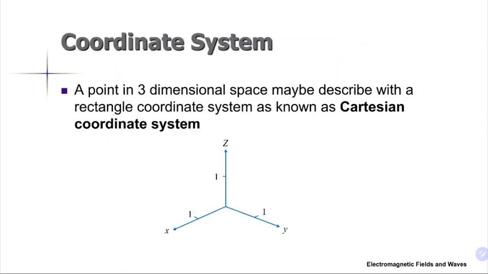So that is a very brief run through of what a vector is. Coordinate systems. I'm sure you're very familiar with two-dimensional coordinate systems, but in this module we might use three-dimensional coordinate systems because we want to solve problems in free space. For example, here is a three-dimensional Cartesian coordinate system with x, y, and z.